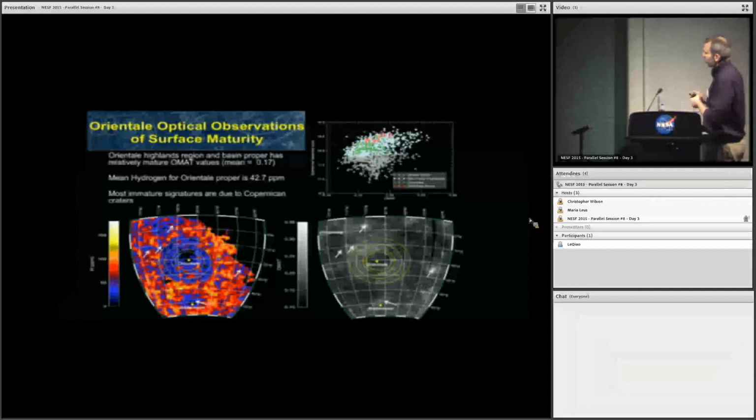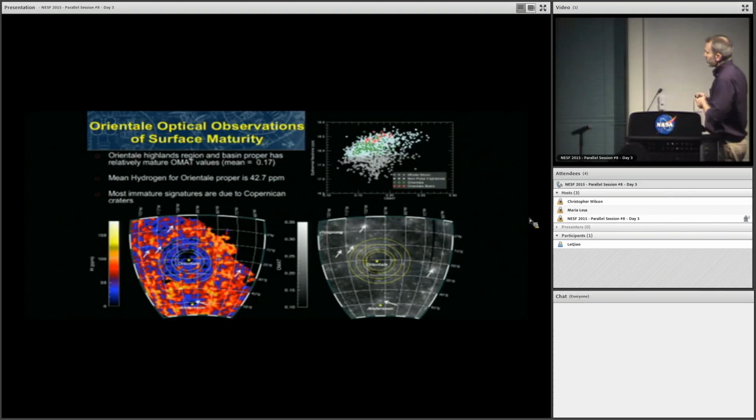So this was the same initial plot, epithermals relative to OMAT, and I put in green here everything in the area of Orientale. Now, in the next one, I just went with the anomaly here, and you can see how in maturity and epithermals, the epithermals are high, but maturity still kind of is in the mature area relative to the rest of the global moon and the nonpolar highlands, which is kind of what we're used to seeing.